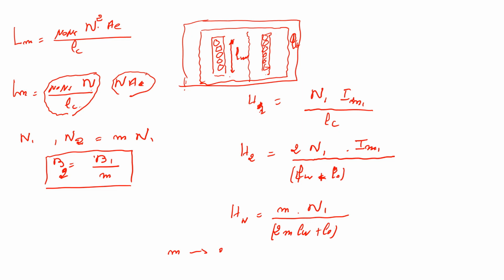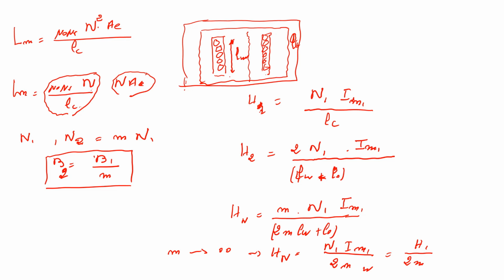I will write here m tends to infinity, and then Hn will be equal to, with this L0 neglected, the magnetizing current Im1, it will be equal to N1 Im1 over 2 m LW. So here you can see it's equal to H1 over 2m. This is wrong.